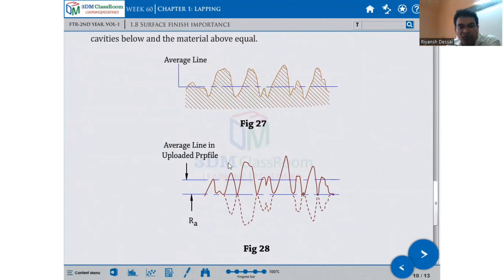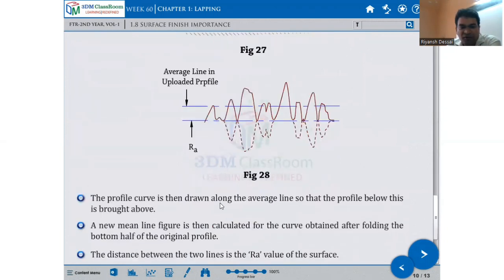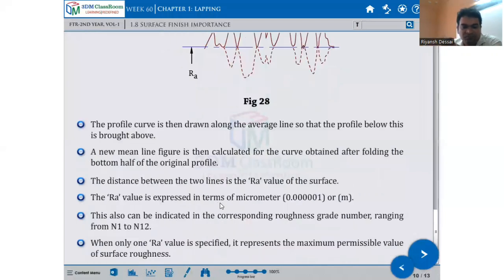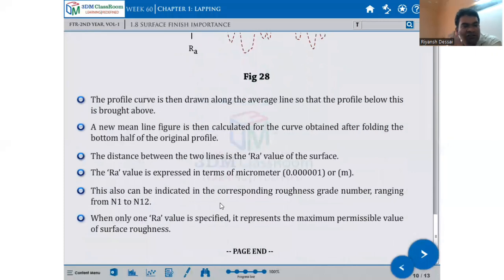In the profile standard, it is all RA value. The profile curve is then drawn along an average line so that the profile below it is brought above. The distance between the two lines gives the RA value of the surface. The RA value is expressed in terms of micrometers or microns.